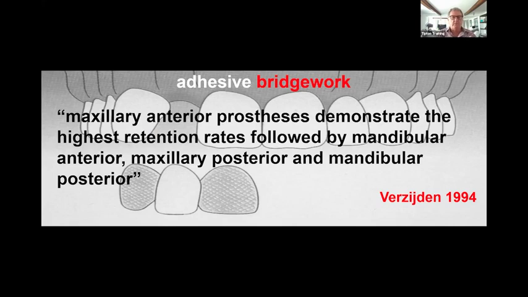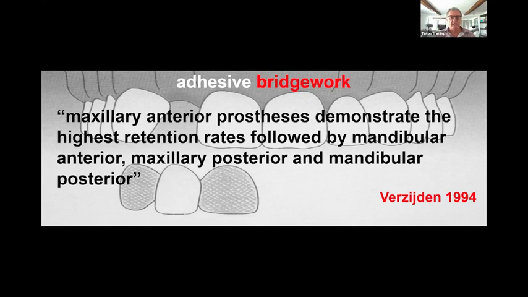We'll have a number of studies here. First of all, maxillaries work better than mandibulars. Anteriors work better than posteriors. Why is that? If you think about it, biting up and down, you bite on the palatal aspects of an upper, therefore the adhesive cement lute, which is the part that will break down the quickest, is under compressive load, so less likely to fail.